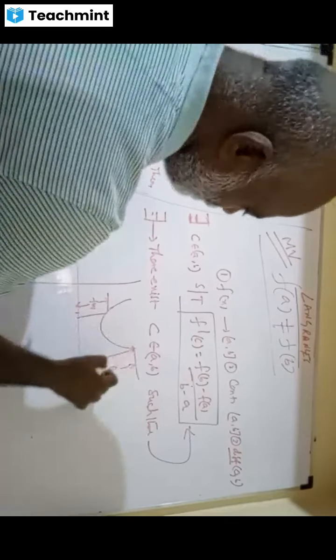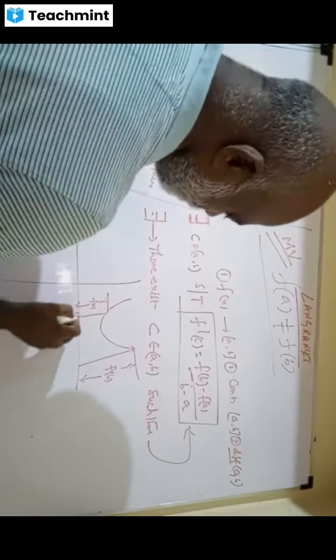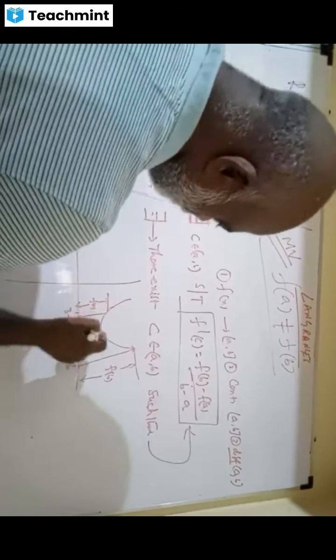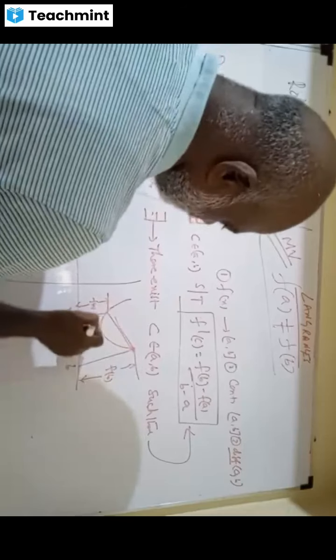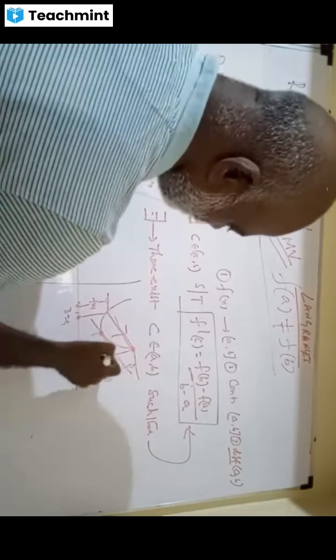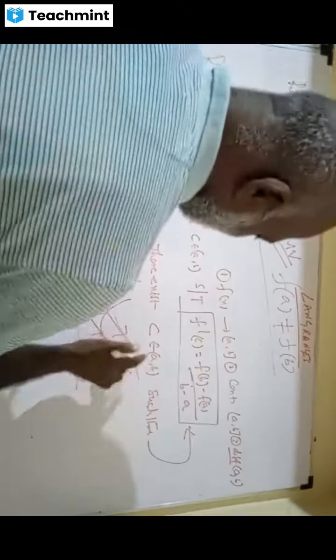This is f of B. This is x equal to A on the x-axis. This is called B. You take a C here. See the chord. The tangent should be parallel to the chord. That's all. It cannot be parallel to the x-axis, my dears.